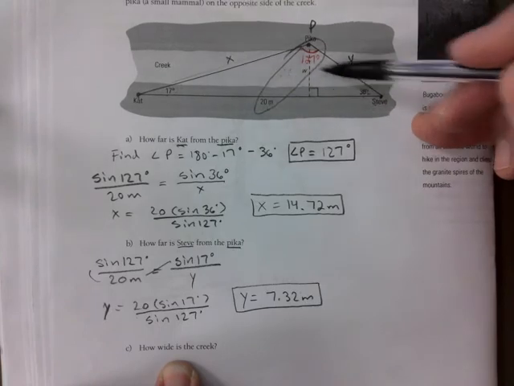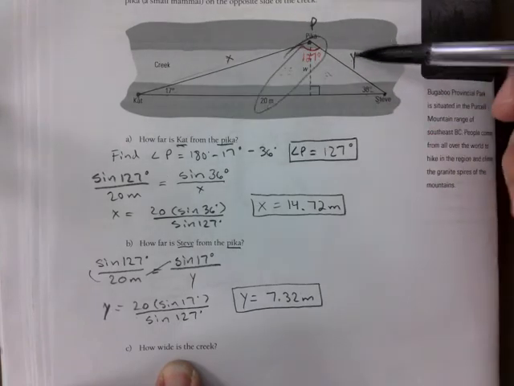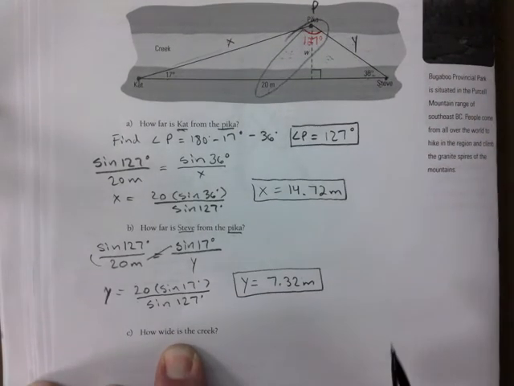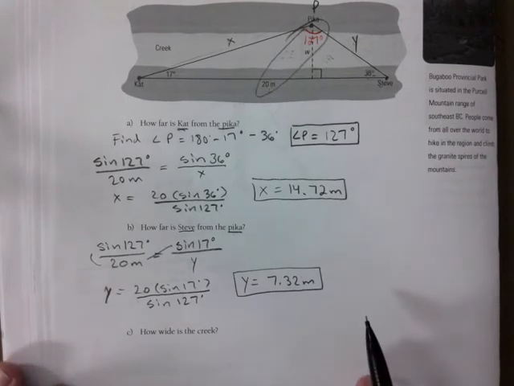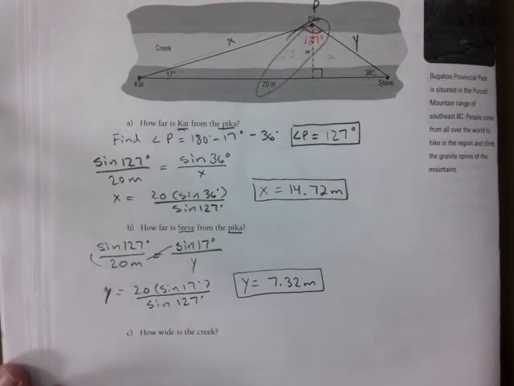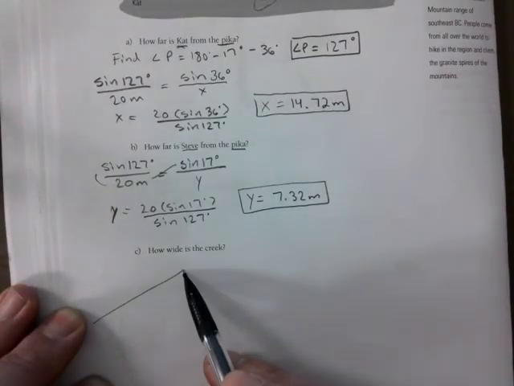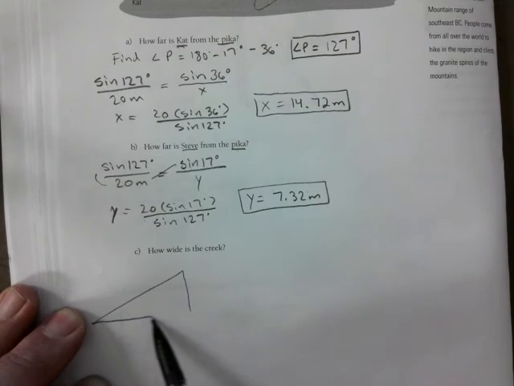You decide which one you want to find because both triangles have the same amount of information available. So which one do you want to use, the left or the right? Left? To the left? So I'm going to use this one here. Doesn't matter. You should both get the same answer. Regardless of which one you pick, that width doesn't change.